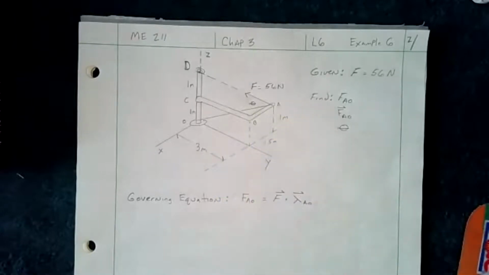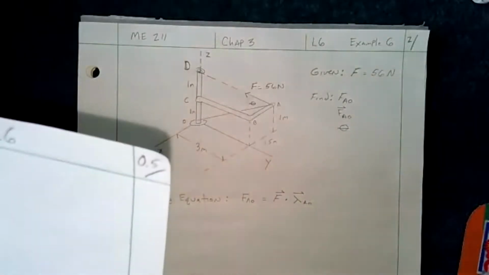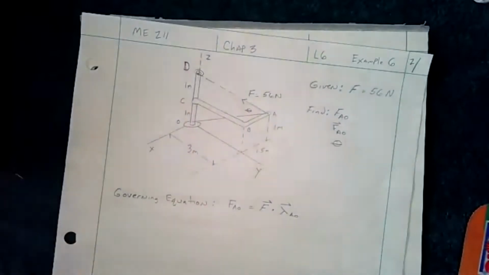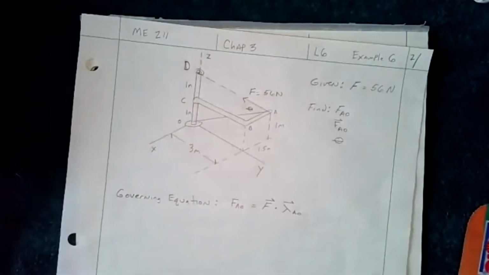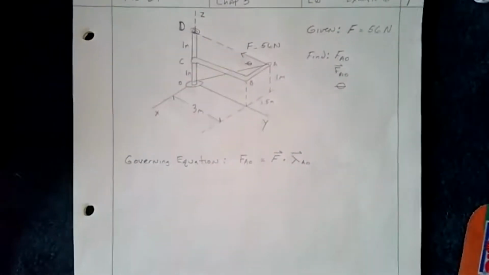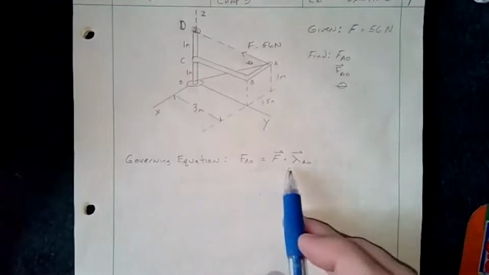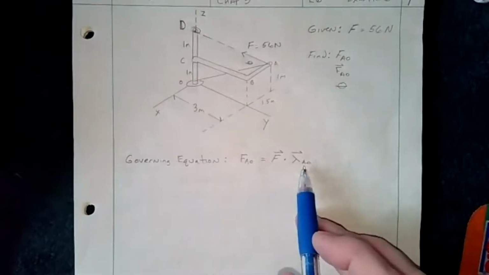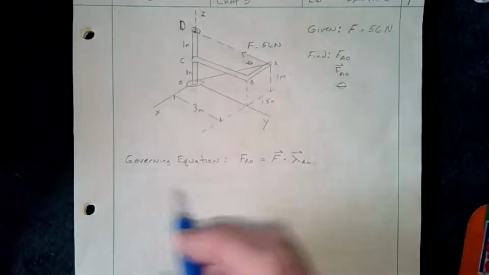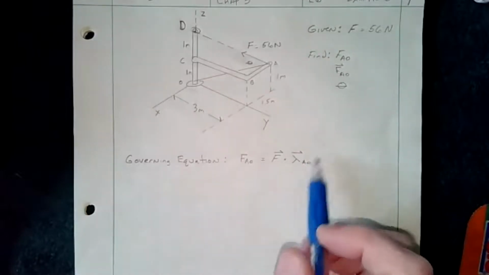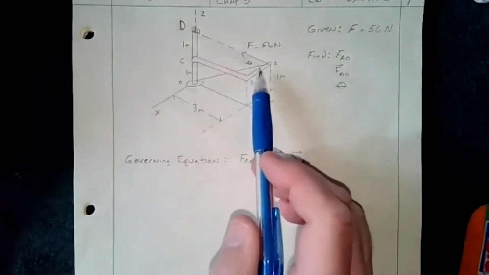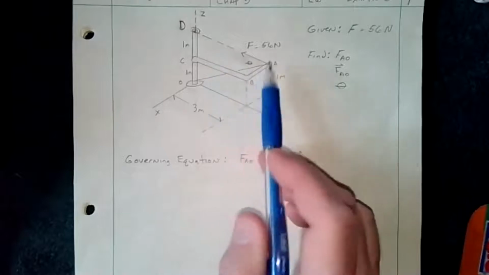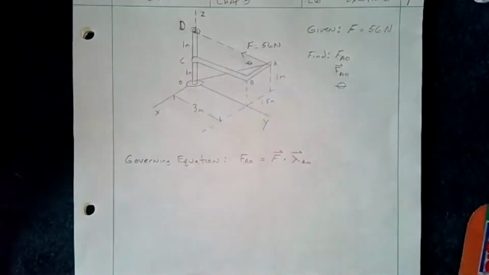Now, you already have done the problem, hopefully, so you know exactly what I'm going to do. But let's walk through it anyway. In this problem, we have, again, our governing equation. That's the first thing we're going to do. We're going to need both the unit vector for AO and for AD. So let's find that first.